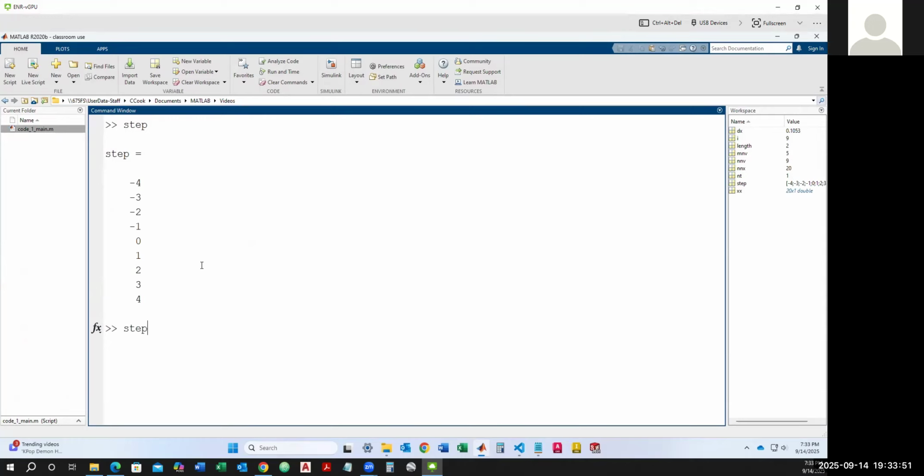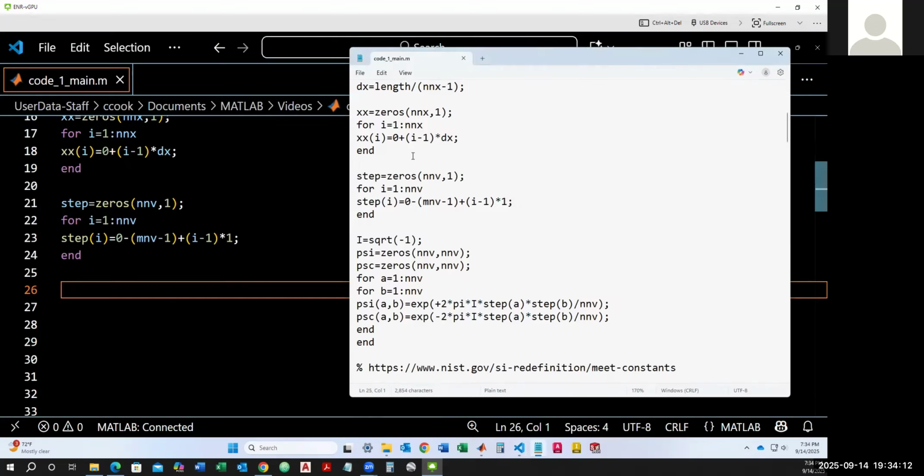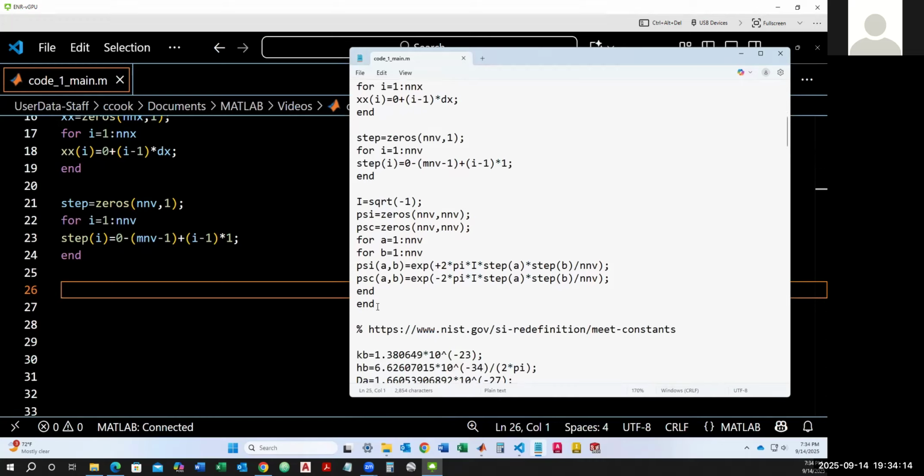So if I go step at MNV, that is 0. I'll explain more on the step vector as we go forwards. There's just a couple basic data structures that we want to set up.